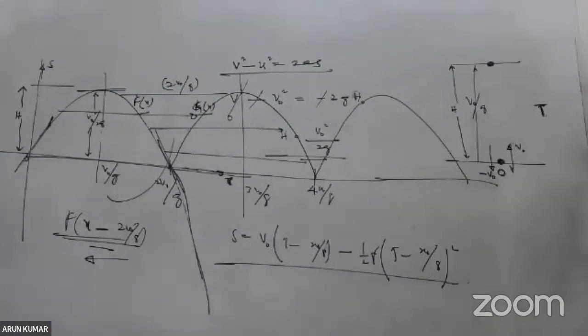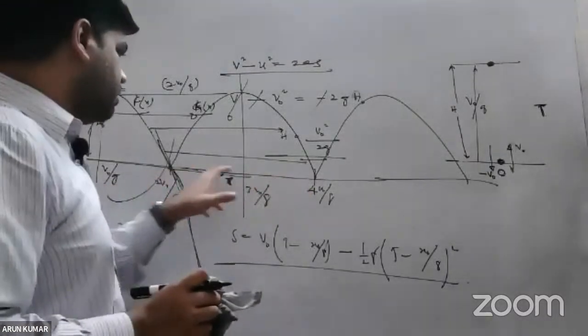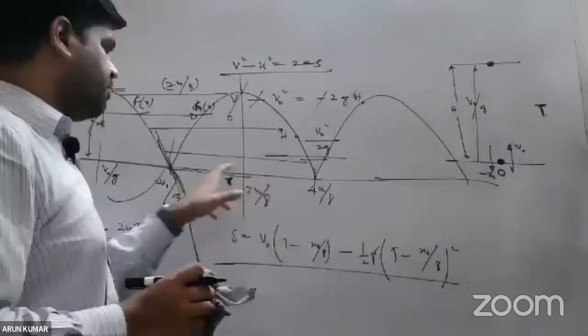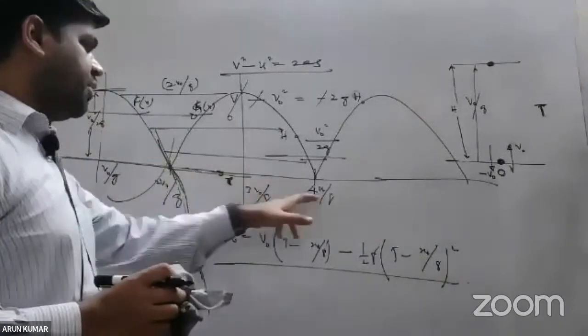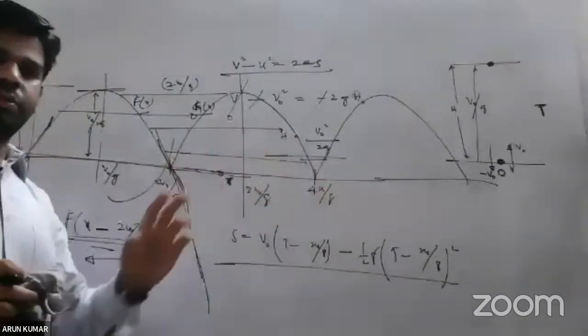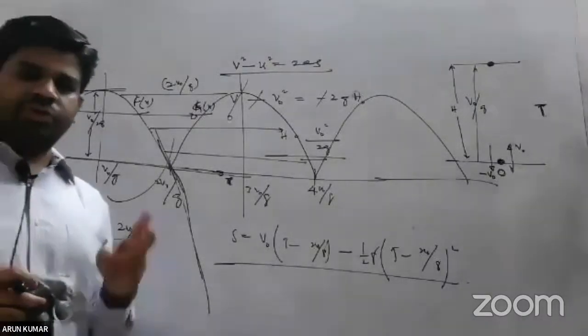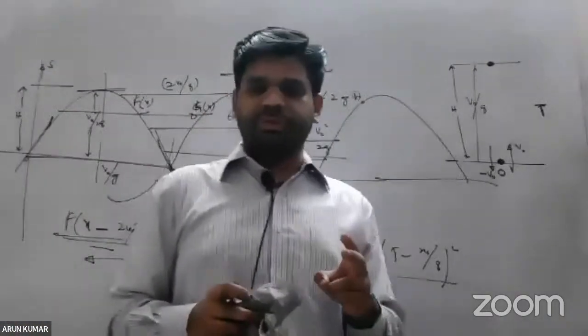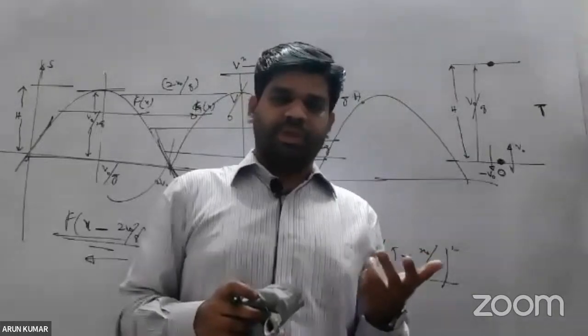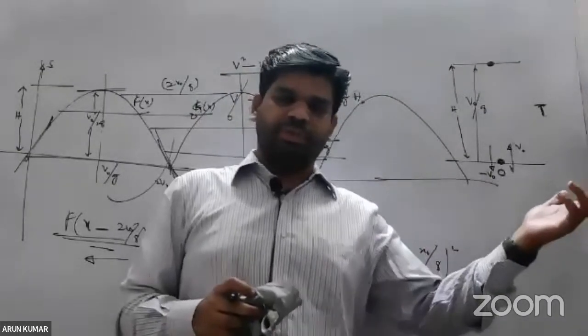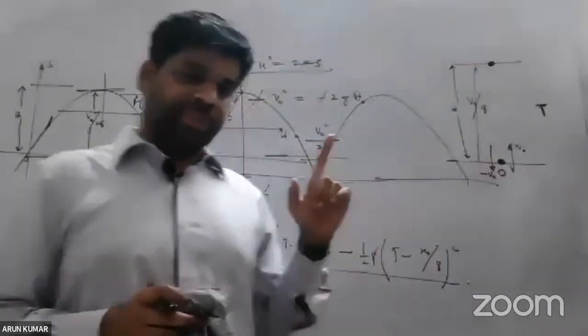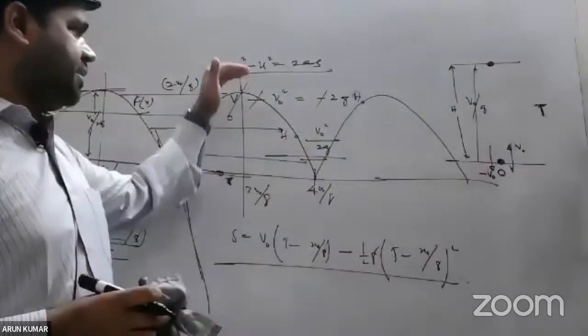All right. This is one way to think about it. The other way to think about it, I know the two roots of the parabola. I write x minus this into x minus this is equal to 0. If I know two roots of the parabola, how do I do it? x minus a into x minus b equal to 0. But then this height will not be decided at that time.